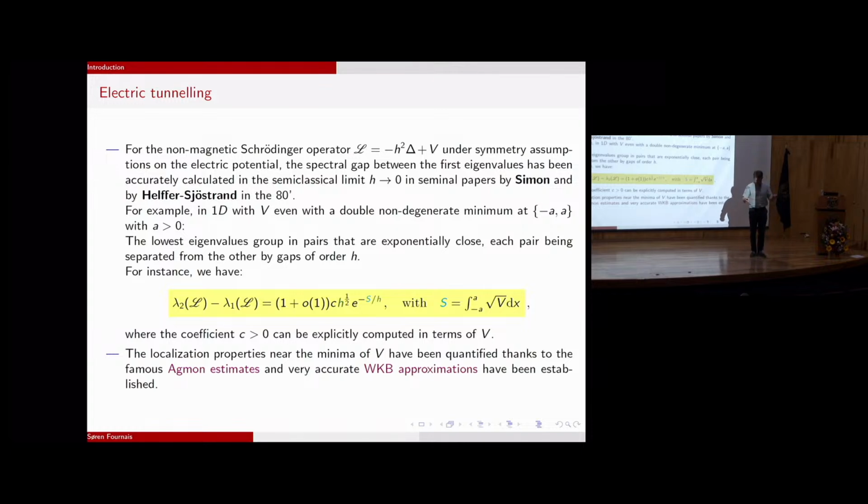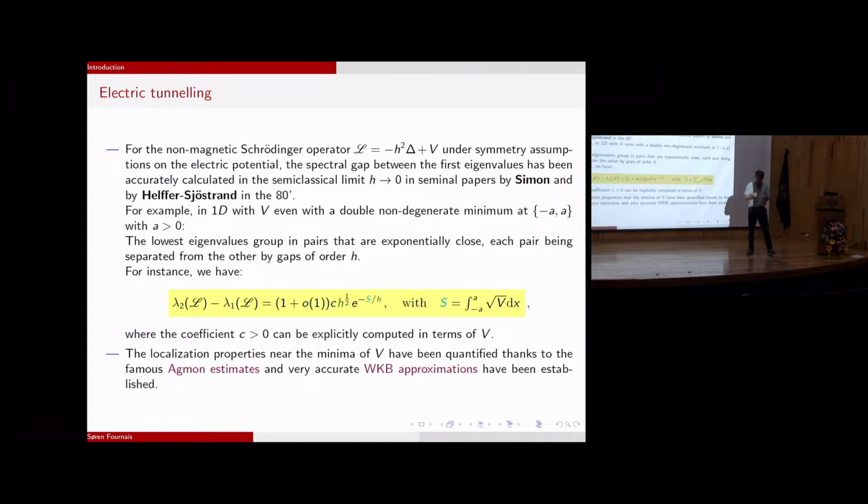In other words, if you look at a particle that is isolated in one of the wells first, then how long will it take before it tunnels to the other side? And that can also be rephrased in terms of energies: how big is the gap between the first and the second eigenvalue in this system?